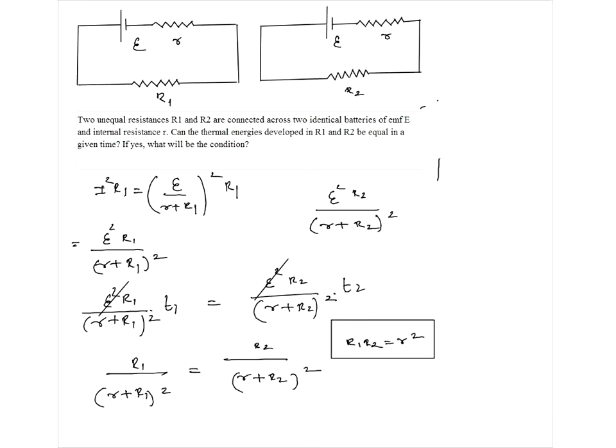Just select tick mark if you are getting R1 R2 equal to R square. Let me copy this to the next board.